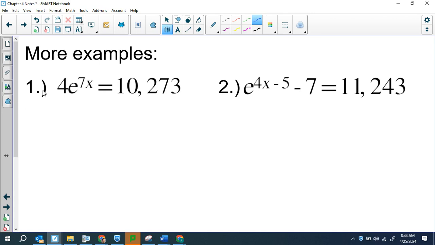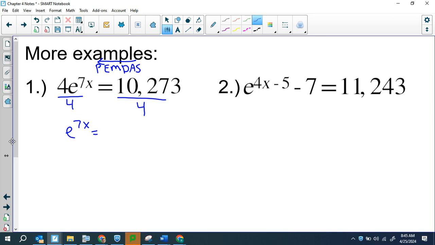All right, so again, first thing we're always doing is isolating that base and the exponent by PEMDAS backwards. Is there any addition or subtraction for us to undo? No. There is multiplication though. That 4 needs to be divided. So 10,273 divided by 4.